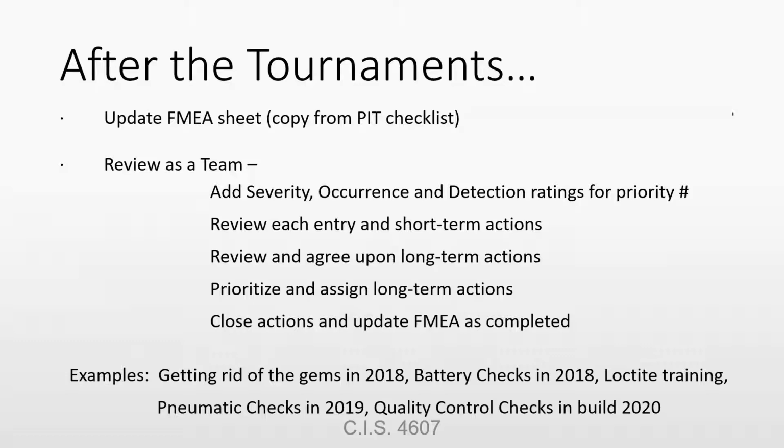So after our tournaments, we'll update our FMEA from our pit checklist, and we'll go over it with our team, adding our severity, occurrence, and detection ratings for our priority number. We'll review each entry and short-term actions and agree upon a long-term action.